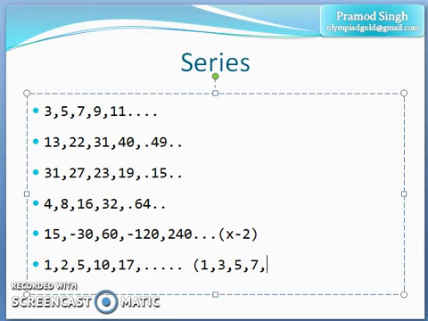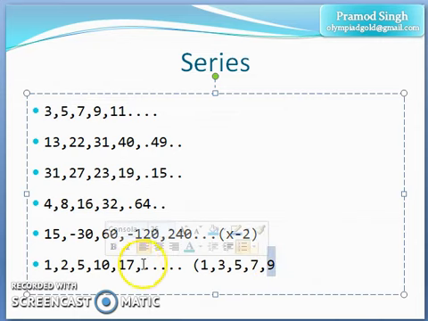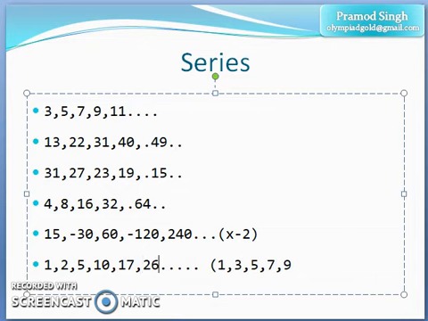So this itself is an arithmetic increasing series, and the next number here should be 9. So then it means the 9 plus 17 will be this number. So it is 26. Okay.